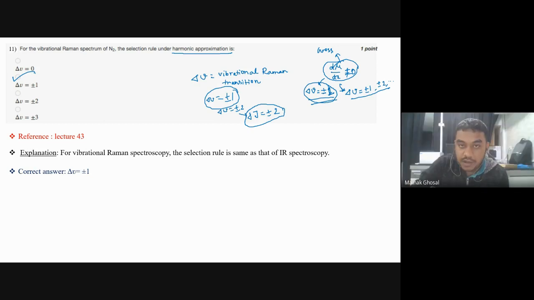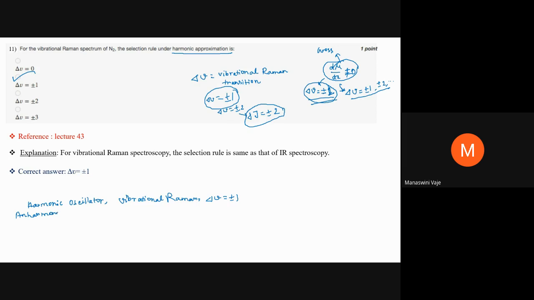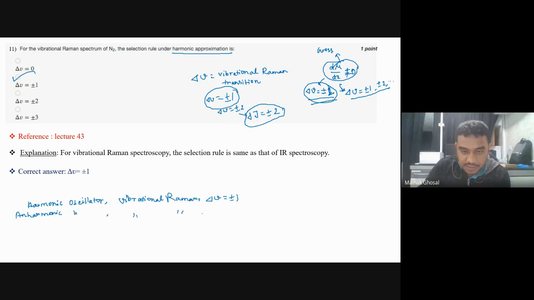If there was no mention of the harmonic oscillator approximation, what should be the selection rule for vibrational Raman spectroscopy of N2? Vibrational Raman will occur due to the transition delta V equal to plus minus 1 for the harmonic oscillator. But if there is no mention of the harmonic oscillator, I am saying anharmonic oscillator, what will be the selection rule?